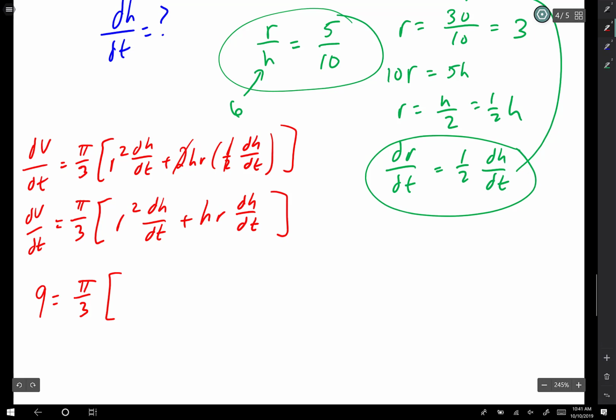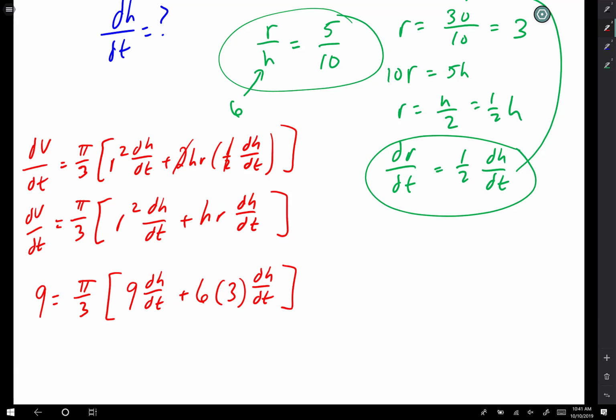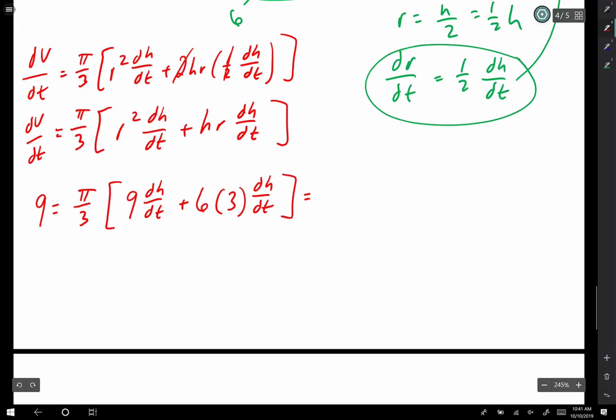So 3 squared is 9 dH/dt, plus the height of the water was 6, the radius was 3, dH/dt. And you're done with calculus. Now it just turns to arithmetic. So let's see if I can do this really quick.